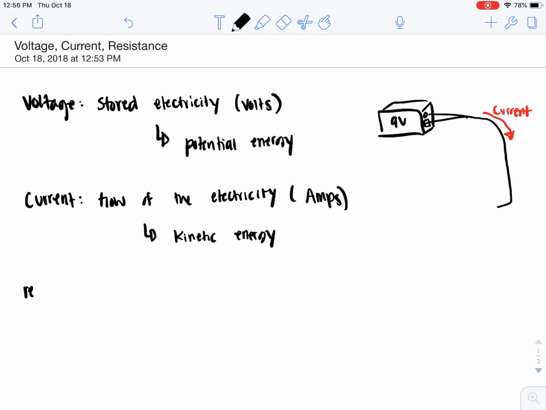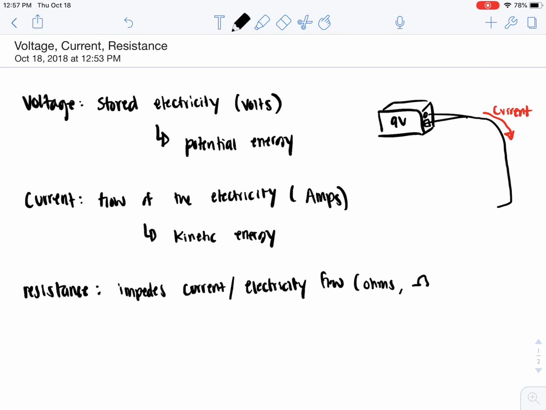And we have something called resistance. Resistance essentially impedes the flow of electricity, or impedes the current. And resistance is measured in ohms. And there's also a symbol that you might see commonly for this, which is omega.